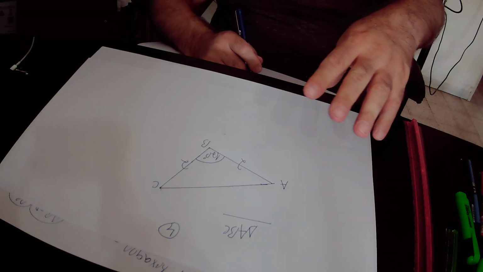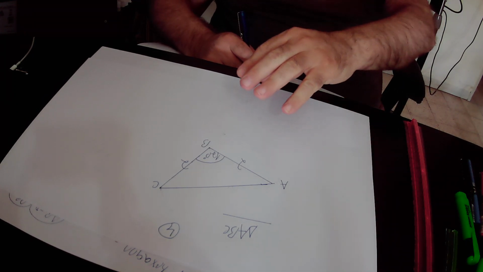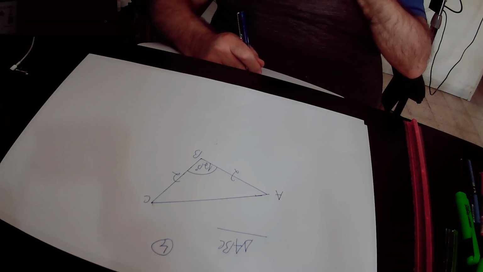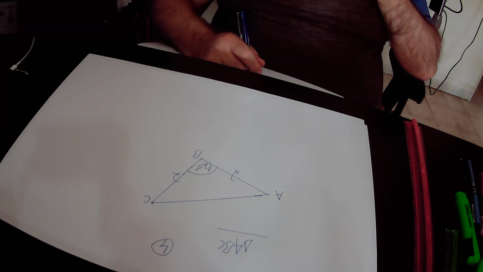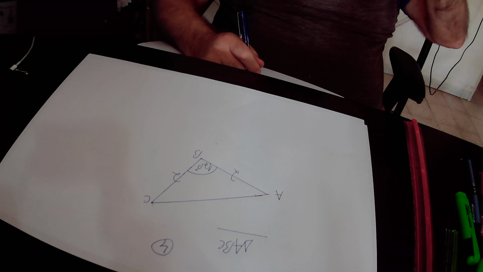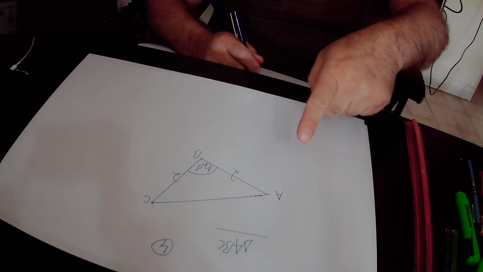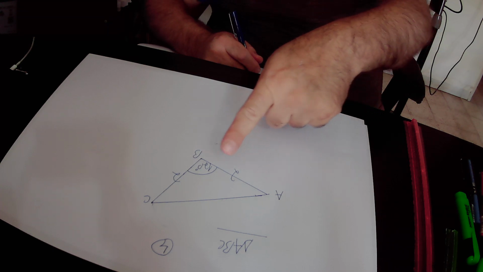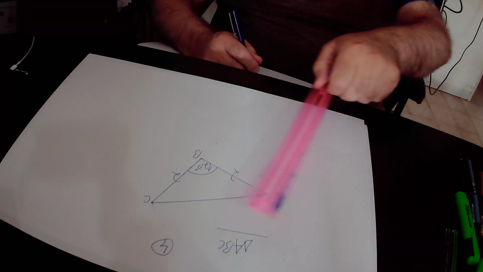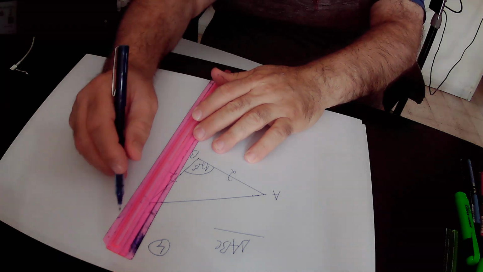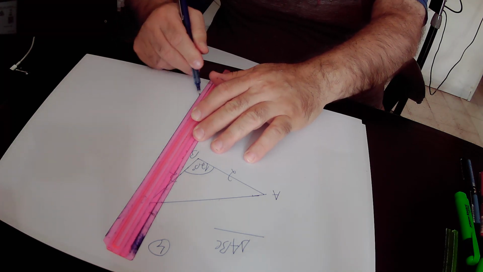So this is actually triangle ABC that I copied from the original drawing. We will implement the law of cosines in this triangle ABC in order to find the length of side AC. So what is the law of cosines?